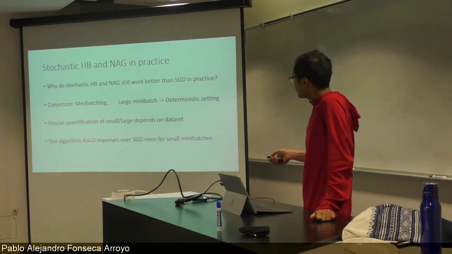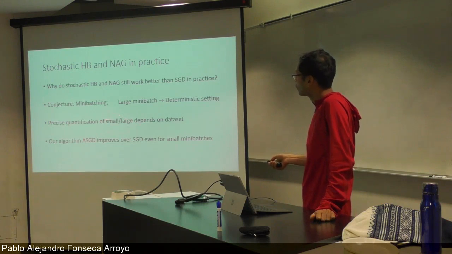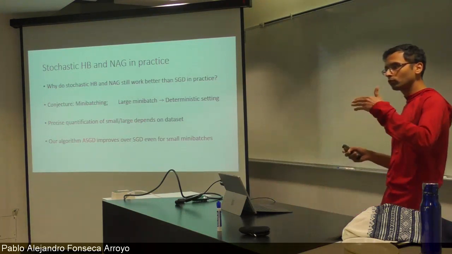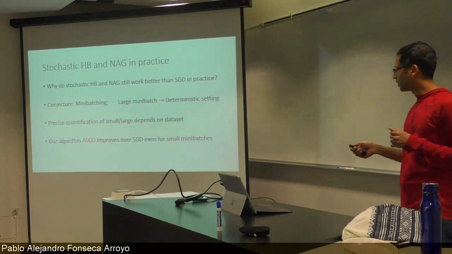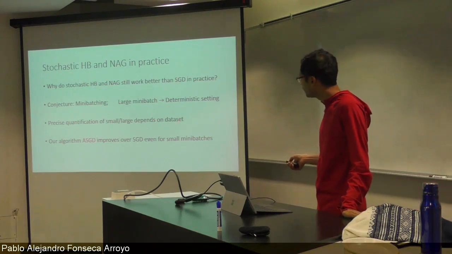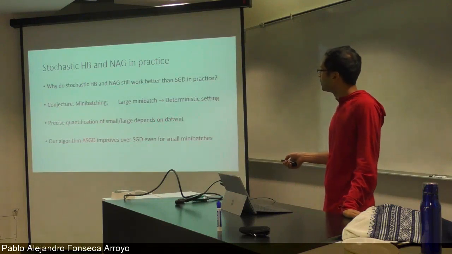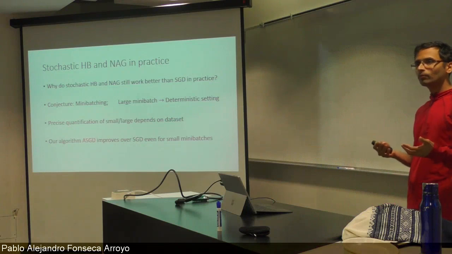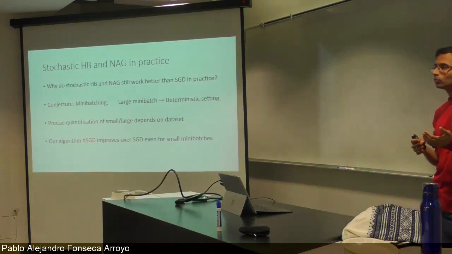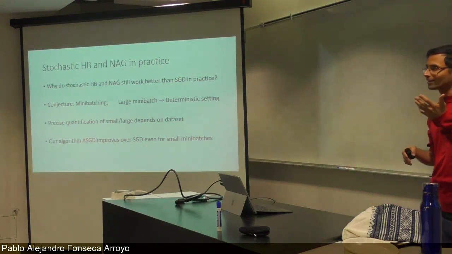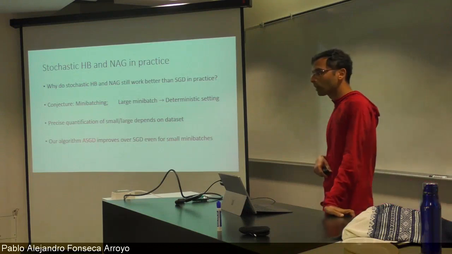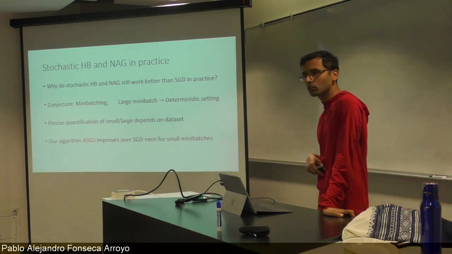And what exactly is small or large mini batch for the stochastic setting to be close to the deterministic setting varies from data set to data set. But on data sets that we use in practice, one would think that the mini batch size that we are using is reasonably large enough to reduce the variance in the stochastic gradients, and that's why these heavy ball and Nesterov methods actually give improvements in practice.